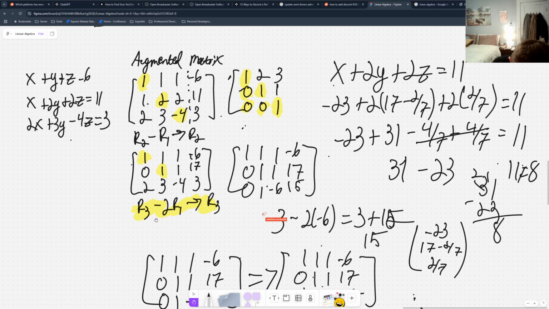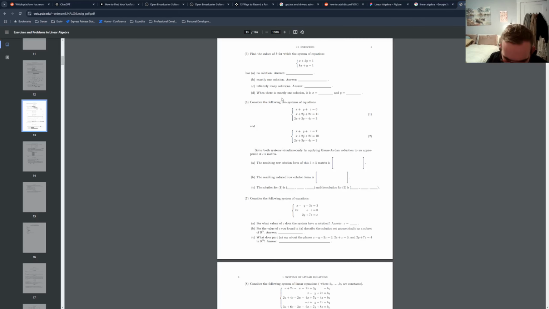Negative 6 minus 1 is negative 7. 15 minus 17 is negative 2.